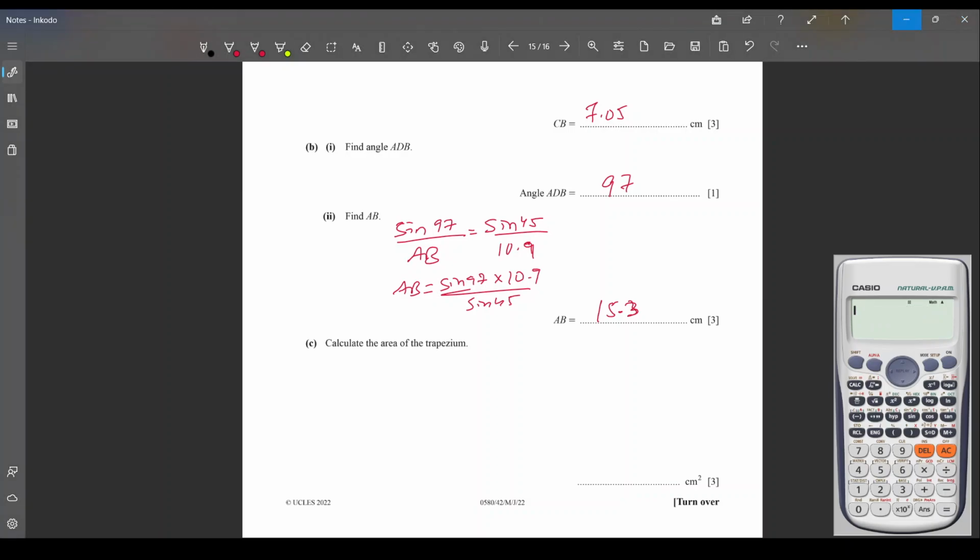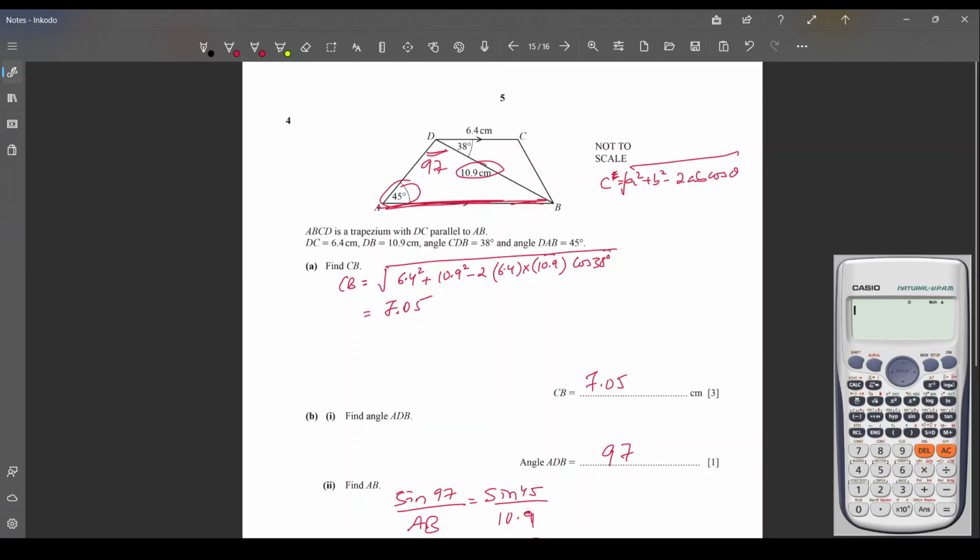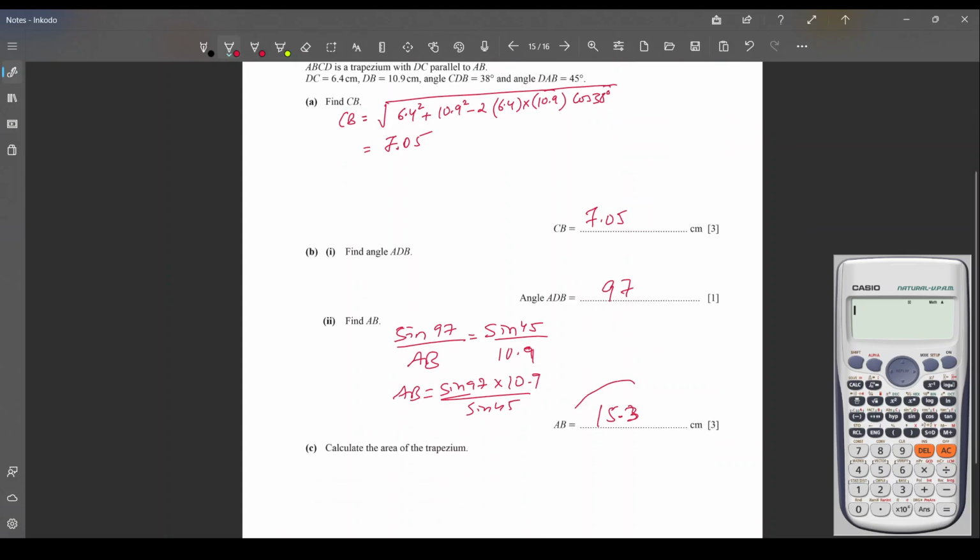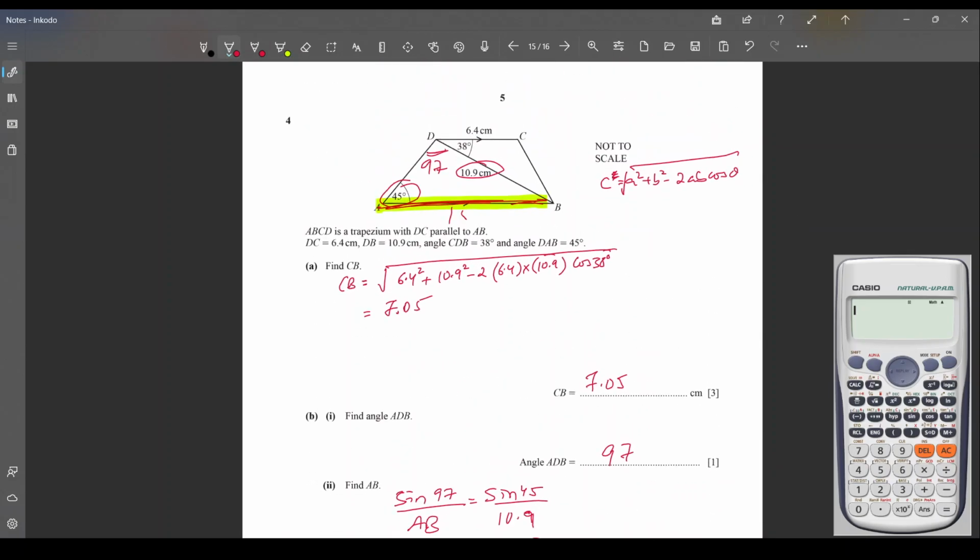So we have to find out the area of the trapezium. So this whole trapezium we have to find out. So we know that this length is 15.3. Just now we got it. AB length is 15.3. So we can use these two triangles. We can find out the area of this triangle, and we can find out the area of this triangle, and we will add these two triangle areas together.